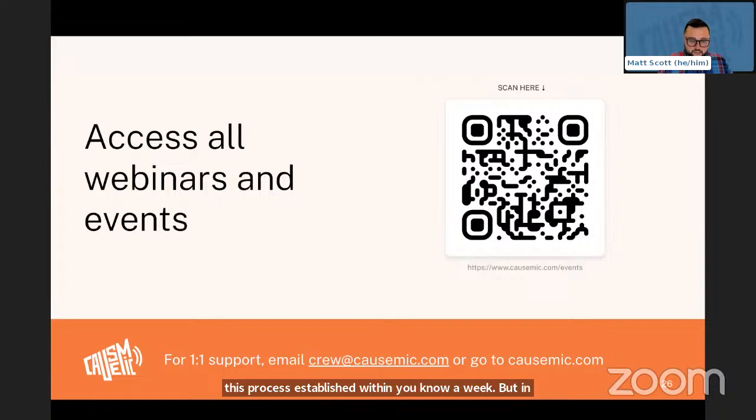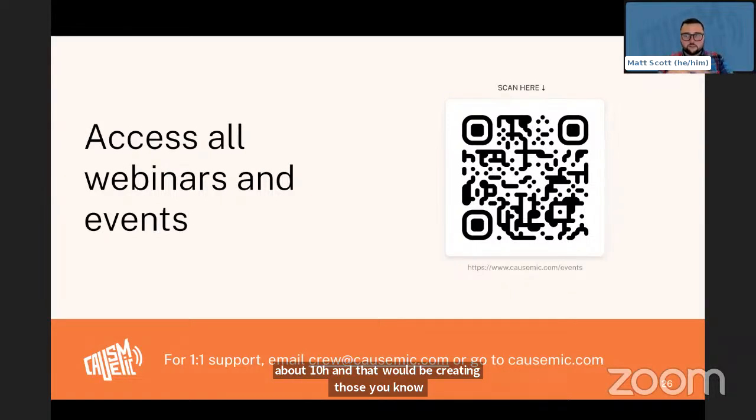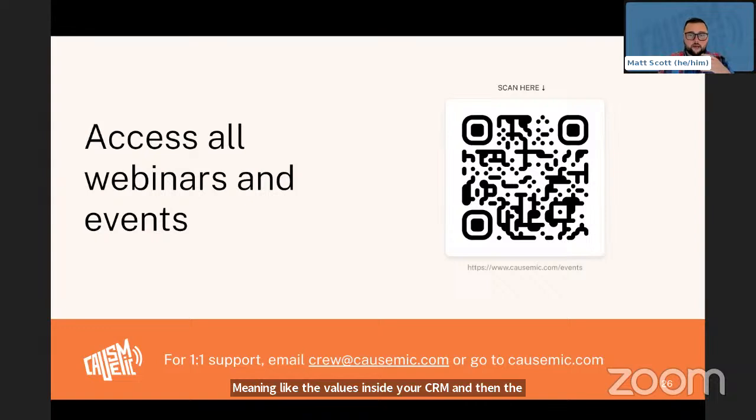In terms of active hours, it should be probably about 10 hours, and that would be creating those scores, then setting up the actual interactions, meaning the values inside your CRM. And then the work is in, okay, how is it working? Having the conversation between fundraising and marketing to talk about what type of content is driving results. That process takes some time.